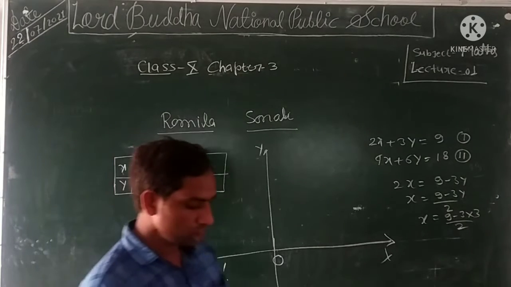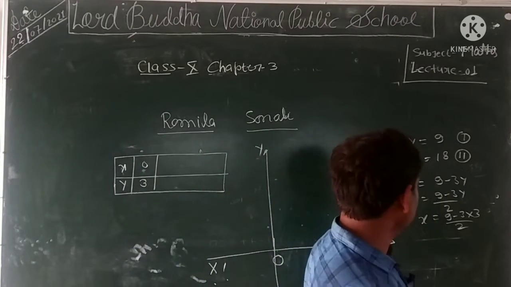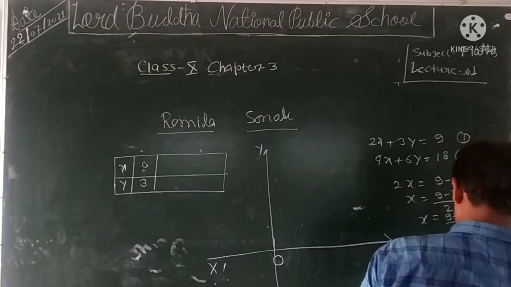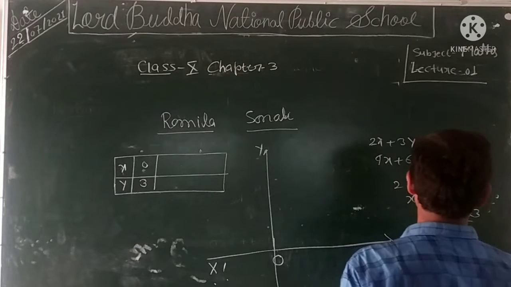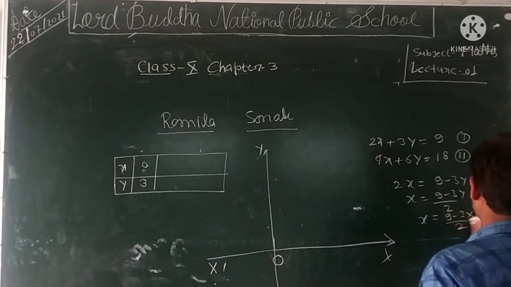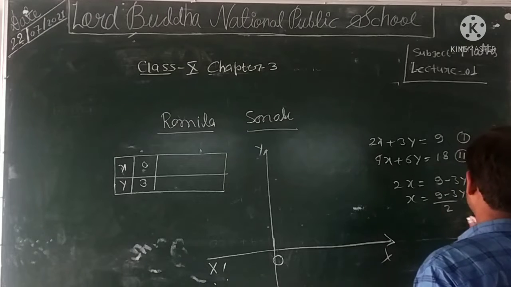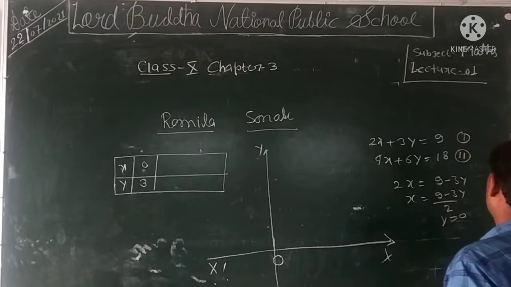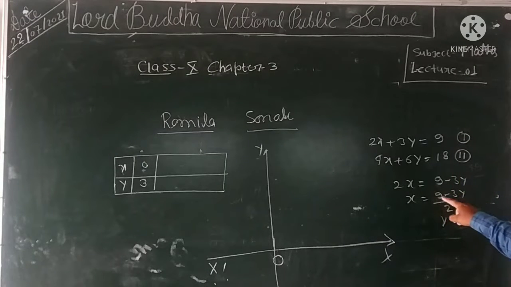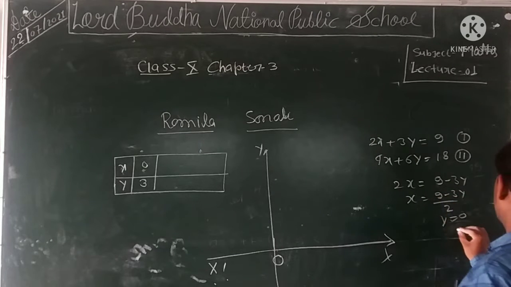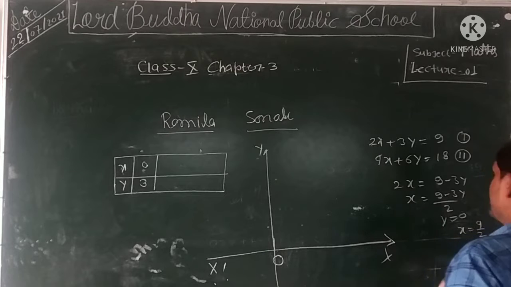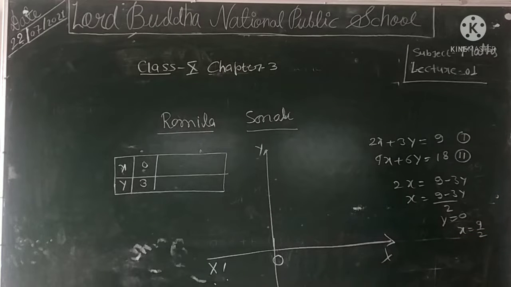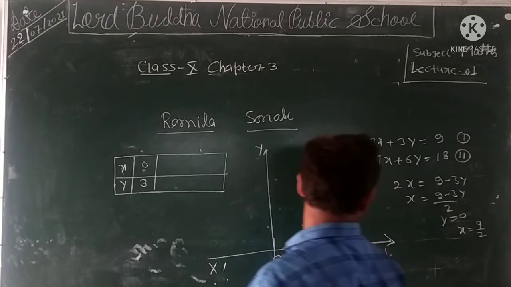Now we select the next value, y equal to 0. When y equal to 0, 9 minus 3 into 0 is 9, so x equal to 9 by 2, which means 4.5.